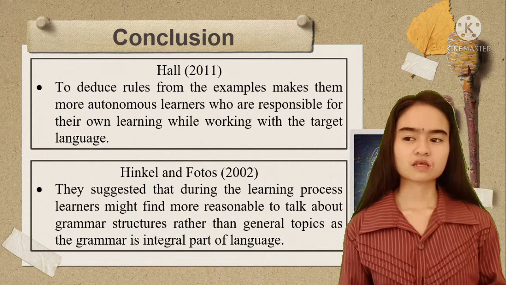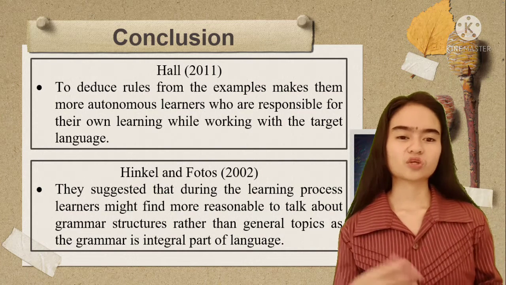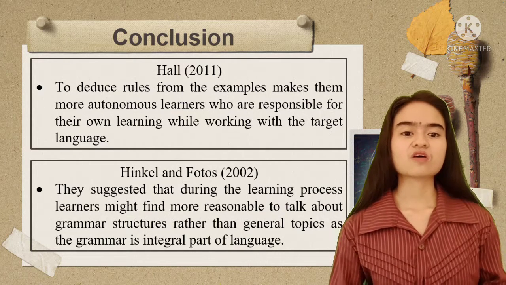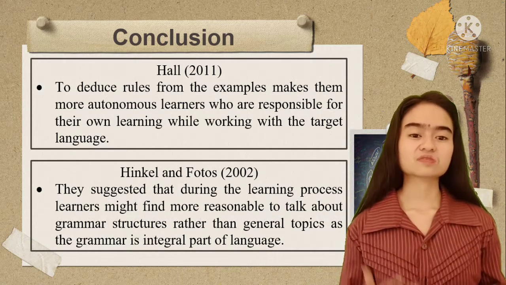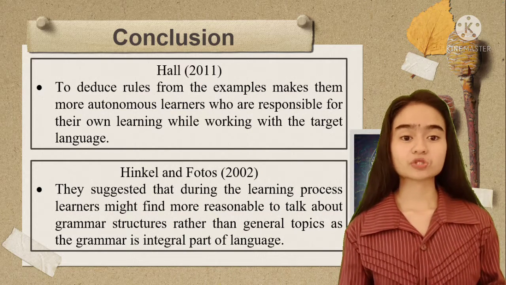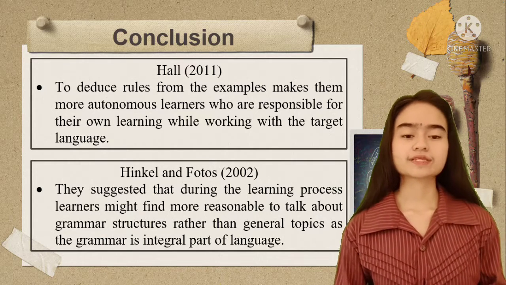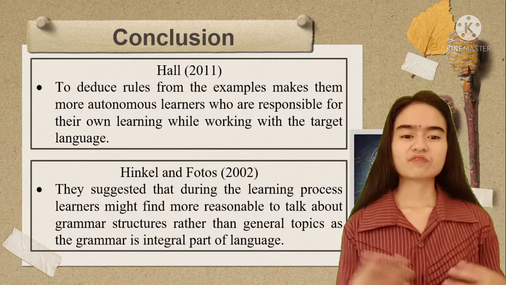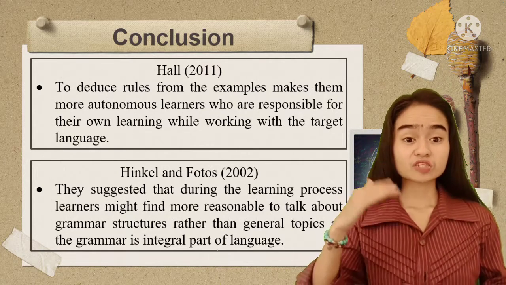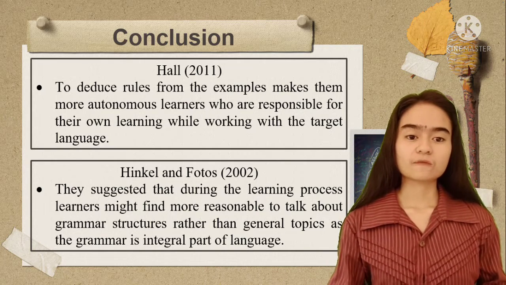To illustrate this, Hinkel and Fotos, 2002, indicate that because grammar is an intrinsic element of language, learners may find it more rational to discuss grammar structures rather than wider issues during the learning process. So for example, if the learner's level is intermediate or higher, they might talk about the target language grammar rules.